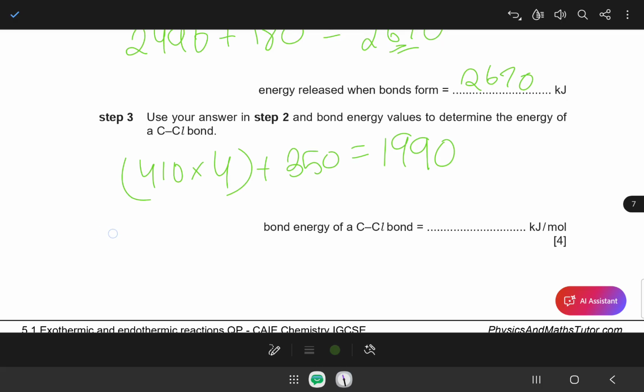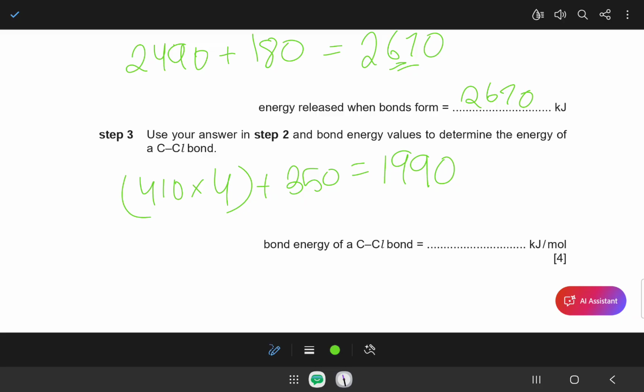So then we do 2670, the energy released when bonds are formed, subtracted with this energy, which will equal 680.